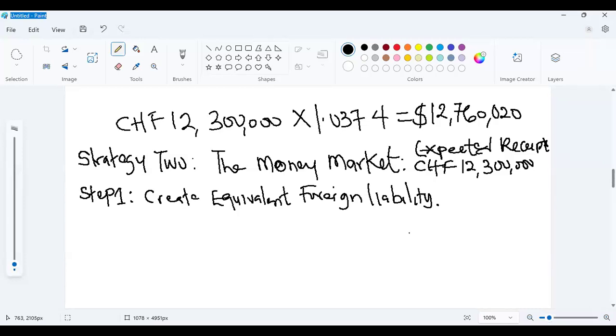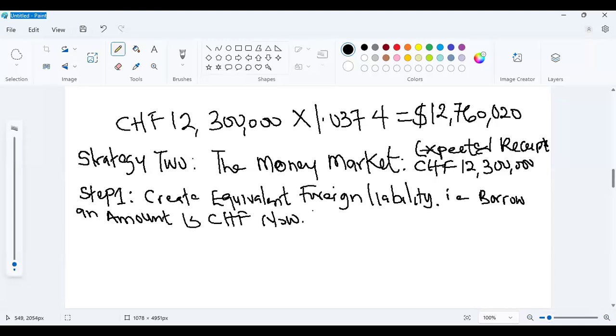I will take that again. Create an equivalent liability. That means borrow an amount in CHF now. Full stop.